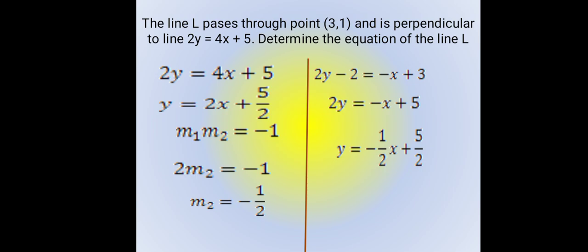When we have written like that, we find that the line is y = 2x + 5/2. Now that value 2 just before x is the gradient of that line. Now we have the gradient of the first line multiplied by the gradient of the second line m2, we get -1. So we solve and get m2 is -1/2. So the gradient of the line whose equation we want to find is -1/2.